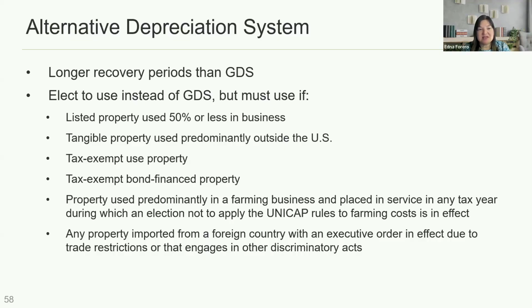Is it bond financed? Was it used predominantly in a farming business? And was it in the same year that there was an election not to apply the UNICAP rules to the farming? And then also whether or not the property was imported from a foreign country with an executive order in effect due to trade restrictions or anything that engages in other discriminatory acts, then we may have to look at using the ADS for that type of property.